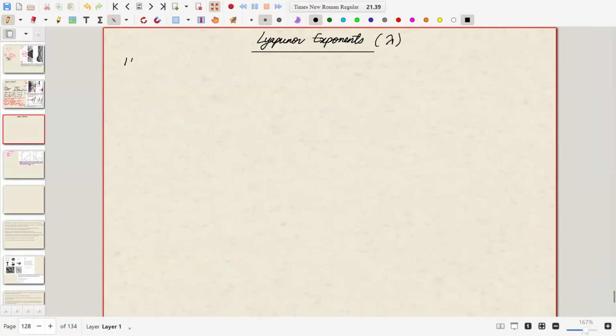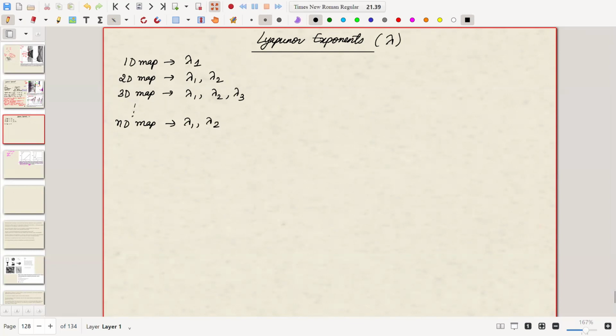If it is a 1D map, you will have one Lyapunov exponent. If it is a 2D map, you will have two Lyapunov exponents, lambda 1, lambda 2. If it is a 3D map, you will have three: lambda 1, lambda 2, lambda 3. For an n-dimensional chaotic map, you will have n Lyapunov exponents, lambda 1, lambda 2, lambda 3, and so on till lambda n. It's clear, right?